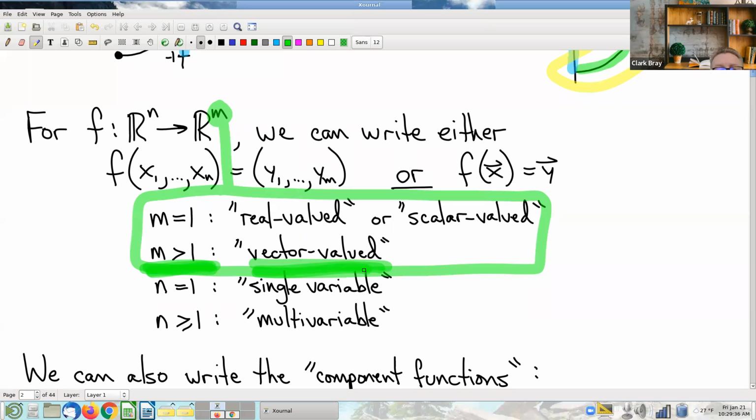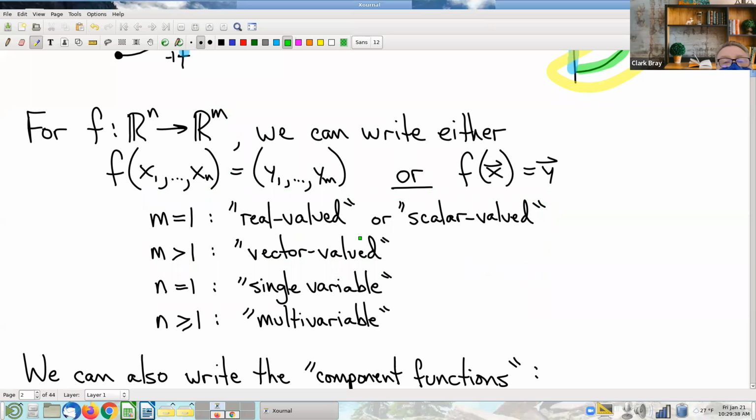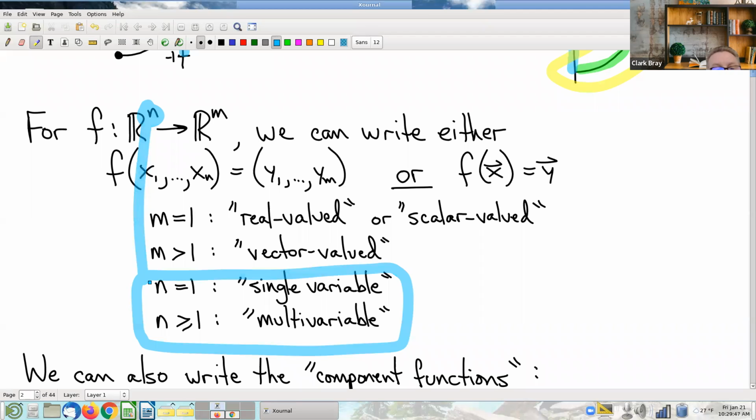So just terminology. Analogously for the input, if there's only a single number that goes in, we call that a single variable function. The terminology is a little bit different, appropriate to being a different concept. If multiple variables go in, we call this a multivariable function.